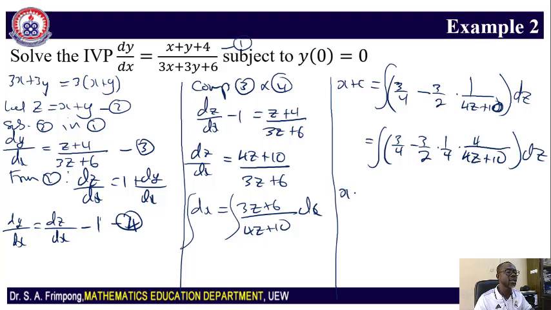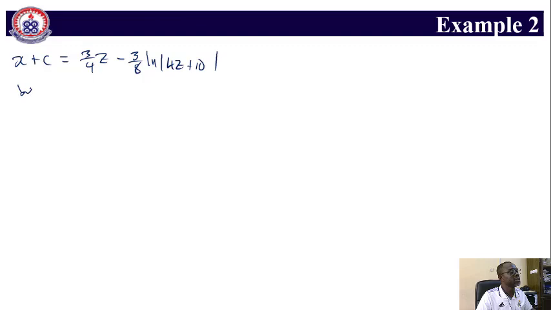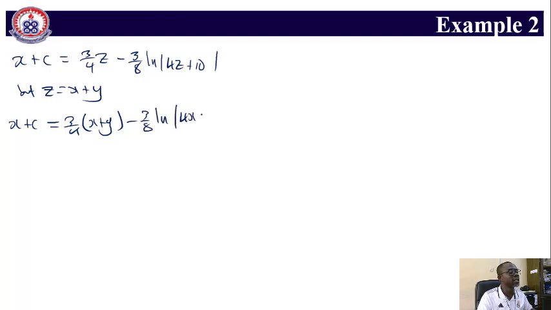So x plus c will now give us 3 over 4 z minus 3 over 8 ln of 4z plus 10. But we said our z was x plus y, so x plus c equals 3 over 4 into x plus y minus 3 over 8 times ln of 4x plus 4y plus 10. So that is the general solution.